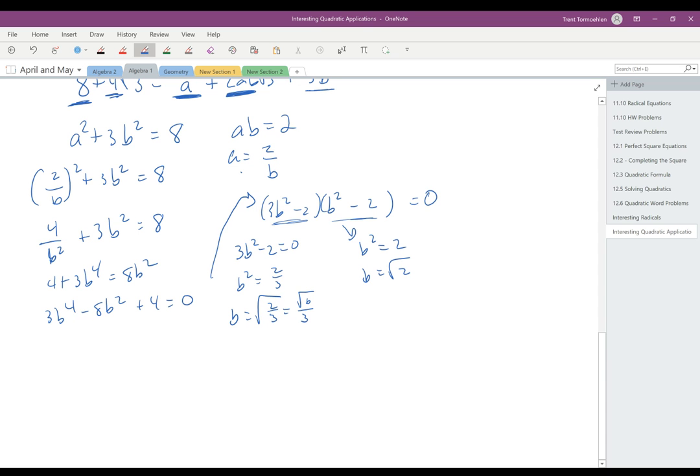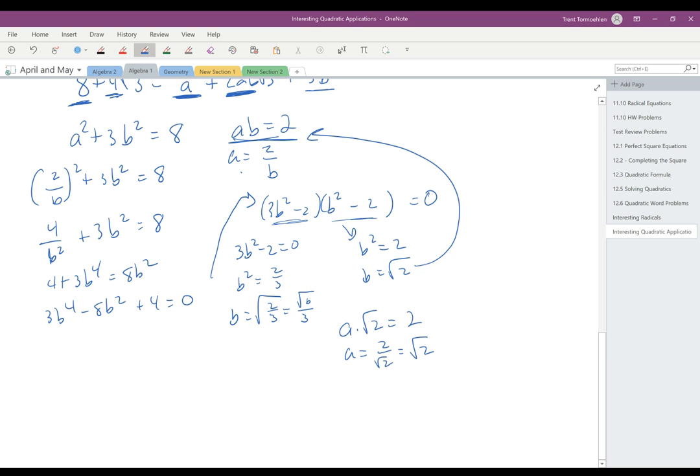And the reason for that is if one of these two are negative, when we go find the a values for those, they would also have to be negative because a times b has to equal 2. So if we do this one first, you get a times the square root of 2 equals 2. So a equals 2 over the square root of 2, which just turns out to equal the square root of 2 when you simplify the radical.